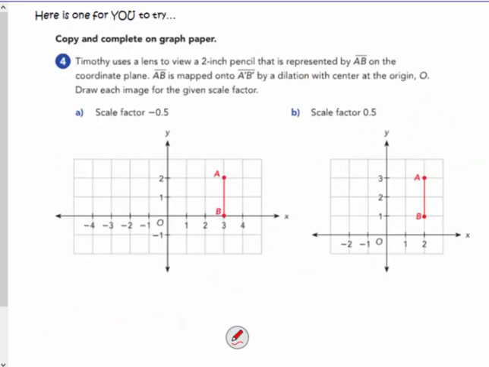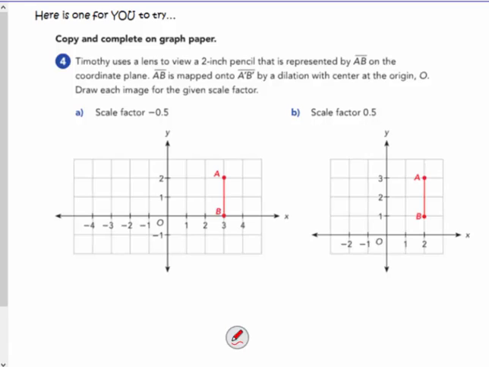It says, Timothy uses a lens to view a 2-inch pencil that is represented by the segment AB on the coordinate plane. AB is mapped onto A prime B prime by a dilation with the center at the origin, O. Draw each image for the given scale factor.